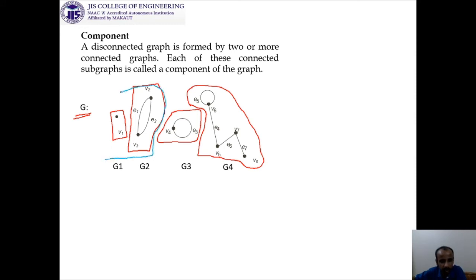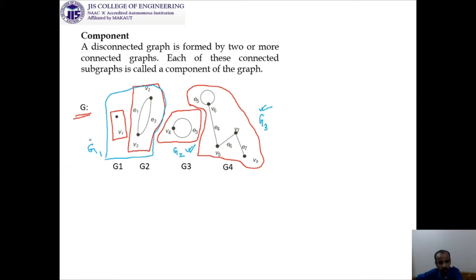If we consider this segment as G1, this one as G2 and this one as G3, then G1, G2 and G3 will constitute G. Is G3 a component of G? Answer is yes. Is G2 a component of G? Answer is yes.